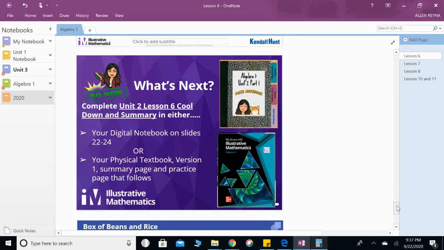And then what should you be doing now? You should be working on your cool down and summary. You can do that in your digital notebook on pages 22 through 24, or in your actual textbook where it says version number 1, lesson 6, summary, and the page that follows it.